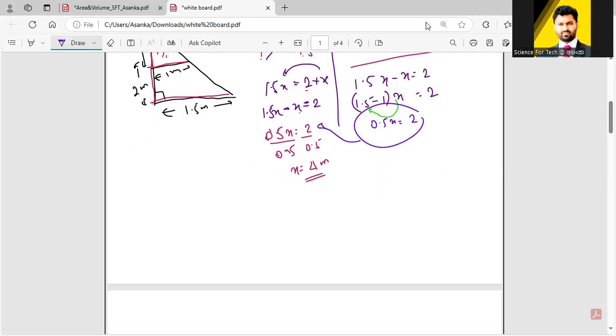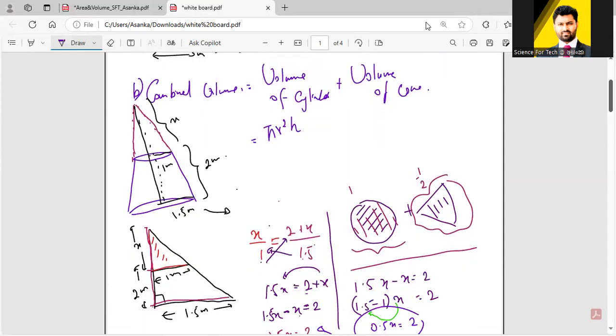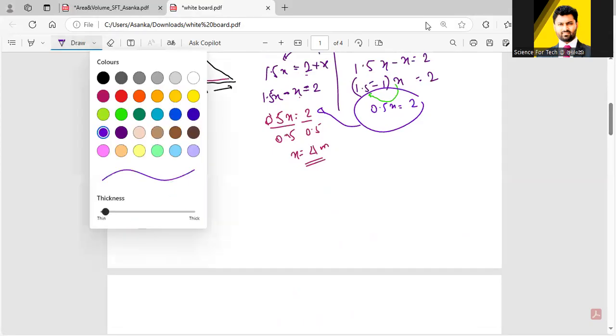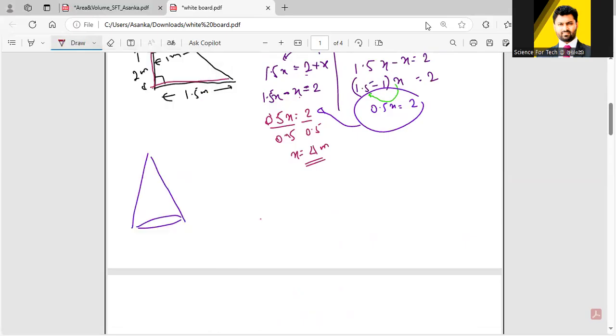But this is not finished. Now you have to find the volume. Okay, now I'm going to draw a cone. This is the upper part and this is the lower part. And in your case, this part is removed. So how can I find the volume of this remaining part?